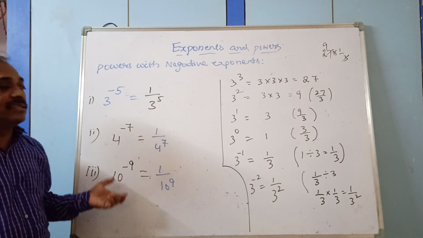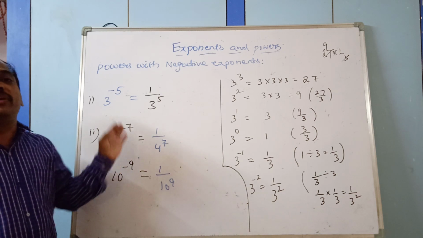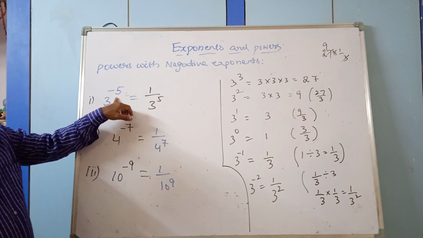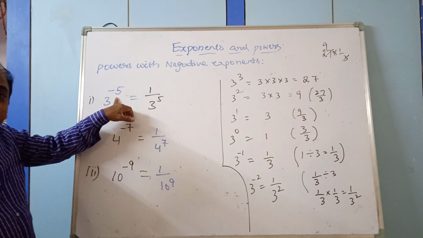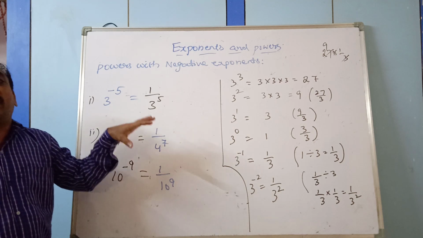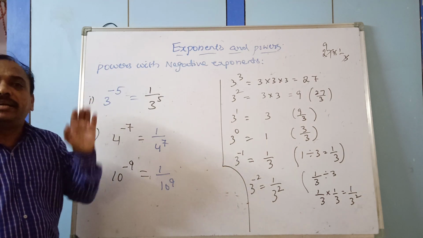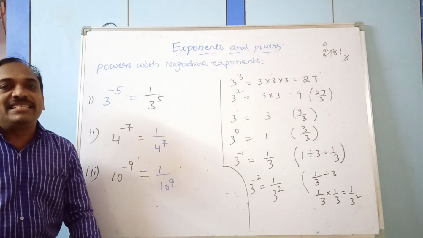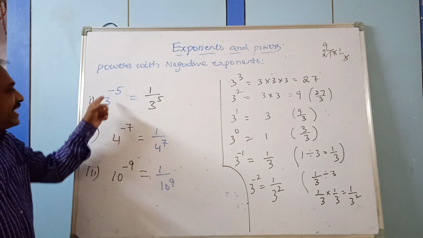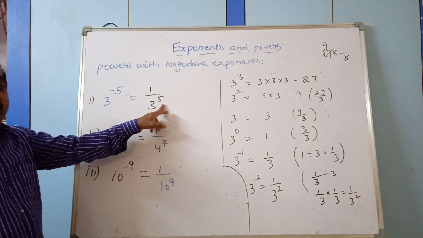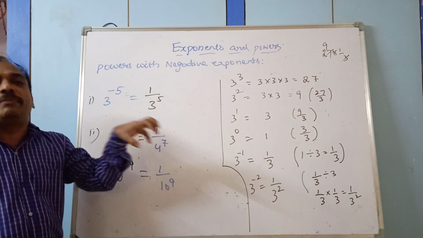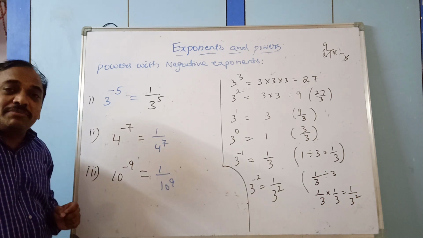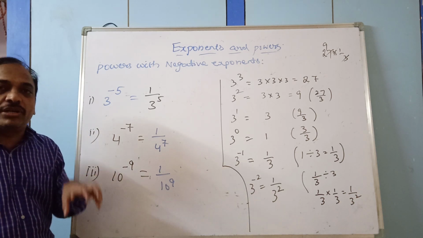Now we are going to discuss these negative exponents, and how we can apply them. Now here, what can you say about minus 5? Is this a positive number or negative? Negative number. So when we include negative numbers, what type of numbers did we learn? Those are called integers. Here this is an integer, here also an integer. So when we include negative numbers, that concept comes under integers.